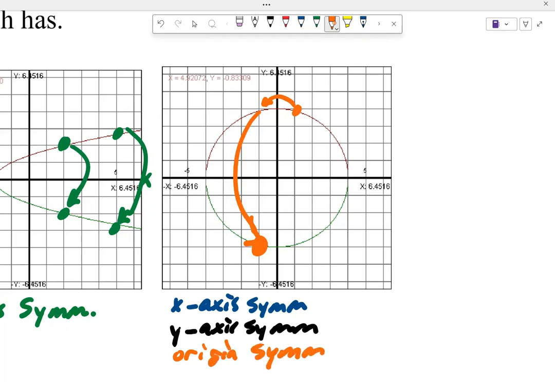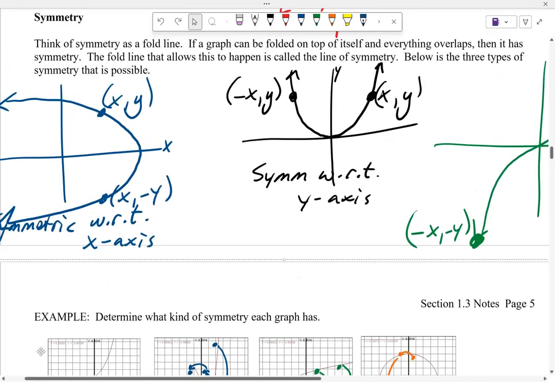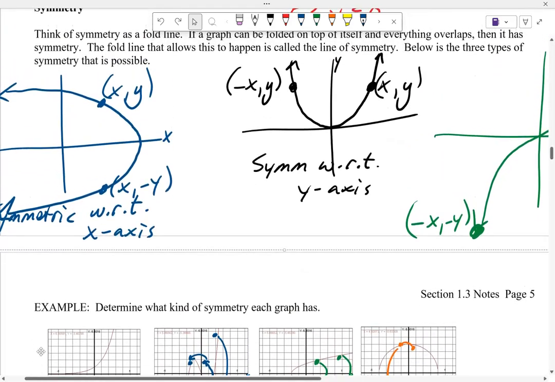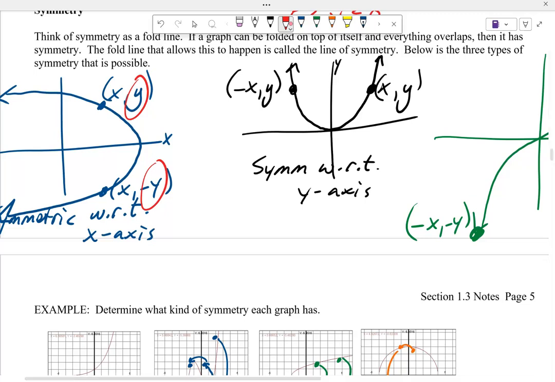So it has origin symmetry as well. So now we're going to do this algebraically. We're going to test for symmetry. So I'm going to go back to these definitions. If you're testing if something is symmetric with respect to the x-axis, you take the y and replace it with negative y and see if you get the same thing. If it's symmetric with respect to the y-axis, you take the x and replace it with negative x.